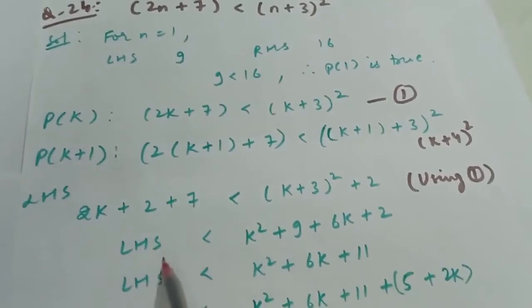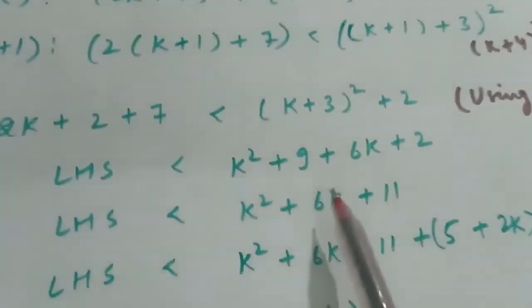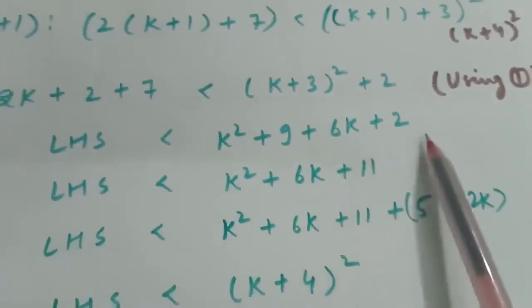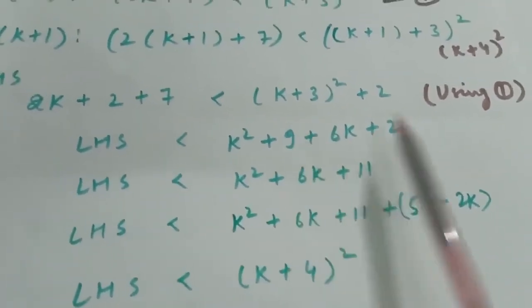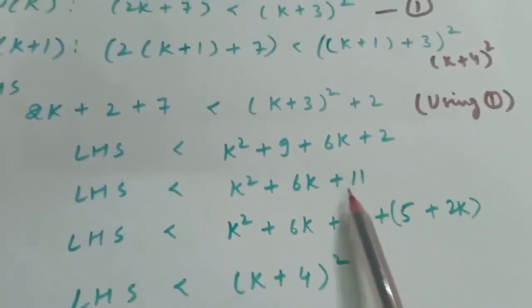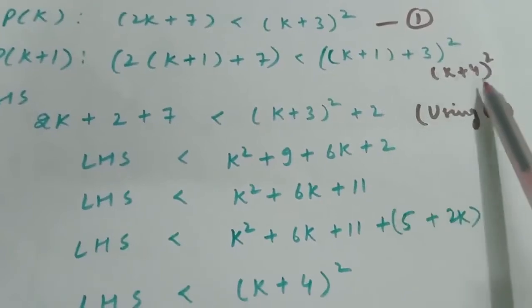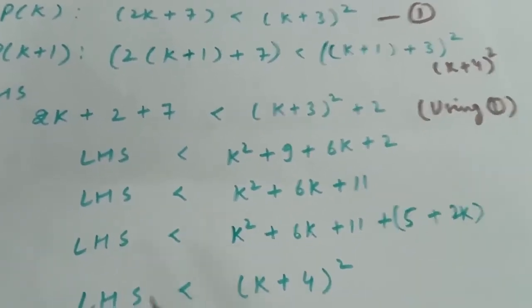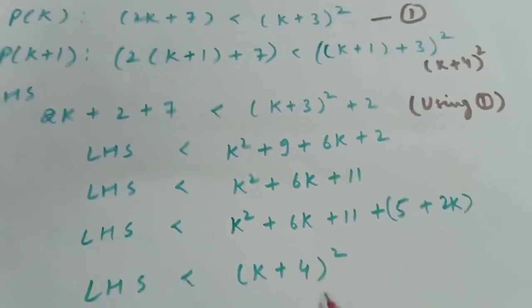Now the same LHS is less than, open this square, k square plus 9 plus 6k plus 2, which is k square plus 6k plus 9 plus 2 is 11. See, what we want to show is that LHS is less than the RHS, and RHS is (k plus 4) whole square. So we want to make this term as (k plus 4) whole square.